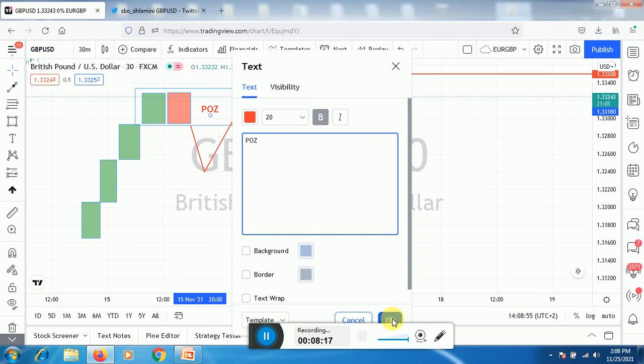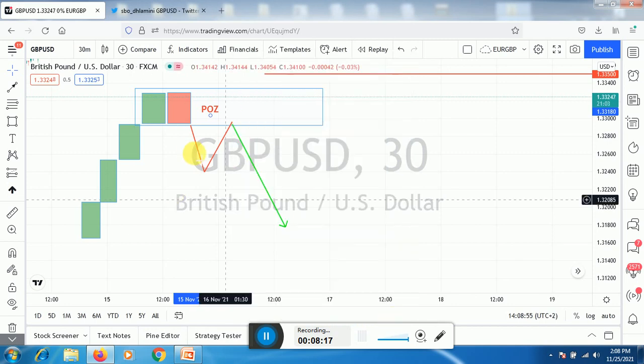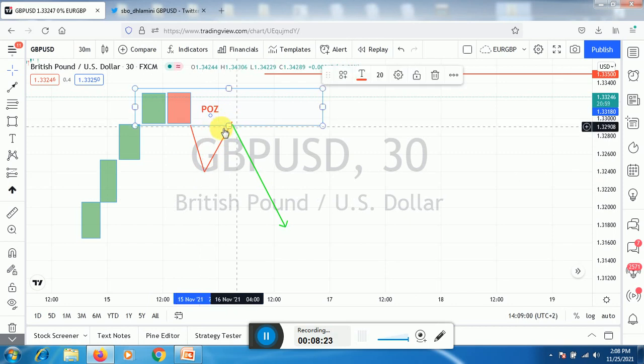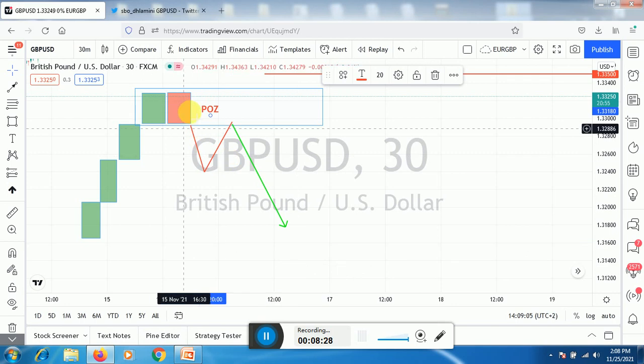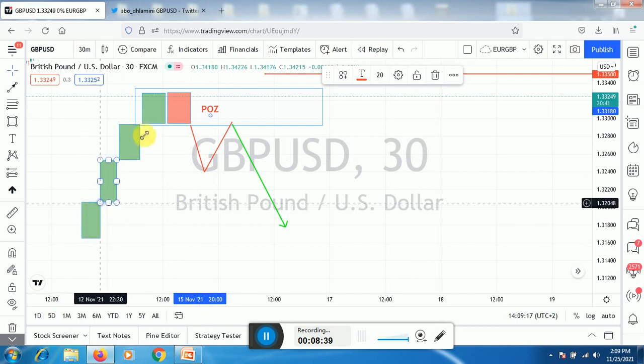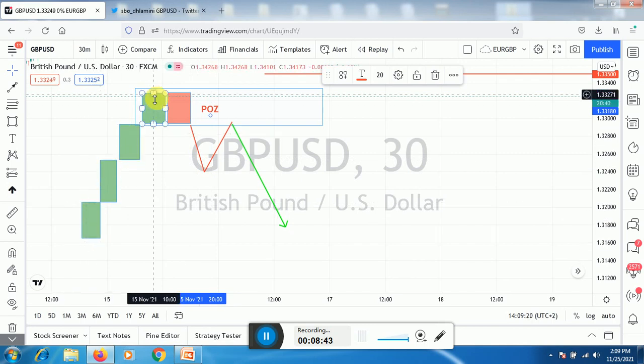So the minute the market comes back to the pause zone, it will get rejected and go back down, because now this level has become a significant level of bearish signals. Remember that we said a bullish order block, which is this one, creates a bearish signal.